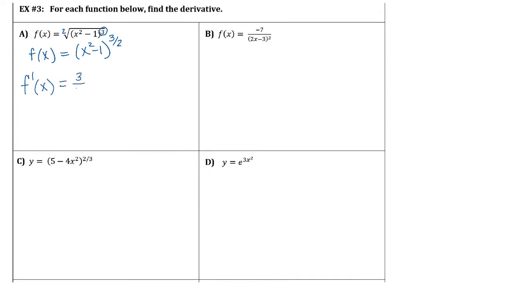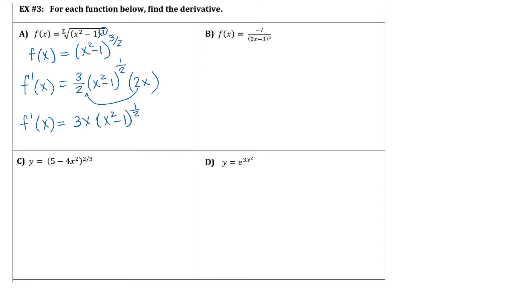So we're going to have 3/2 times x squared minus 1 raised to the positive 1/2, and then times the derivative of the inside. And again, for simplifying, if you want to, you can multiply those coefficients. So f prime at x is going to be 3x times x squared minus 1, all raised to the 1/2.